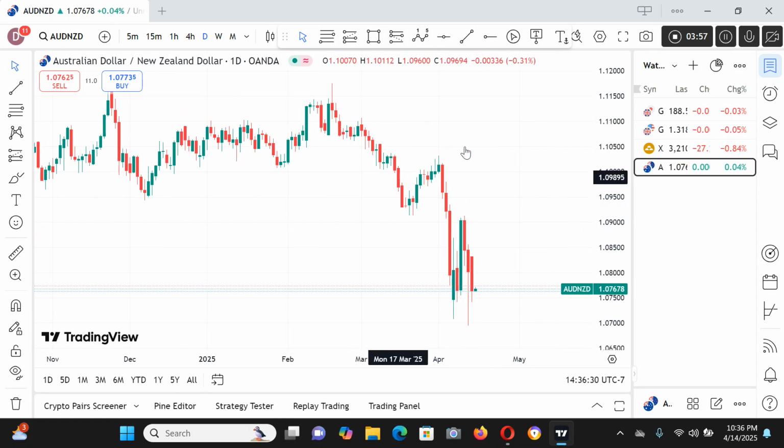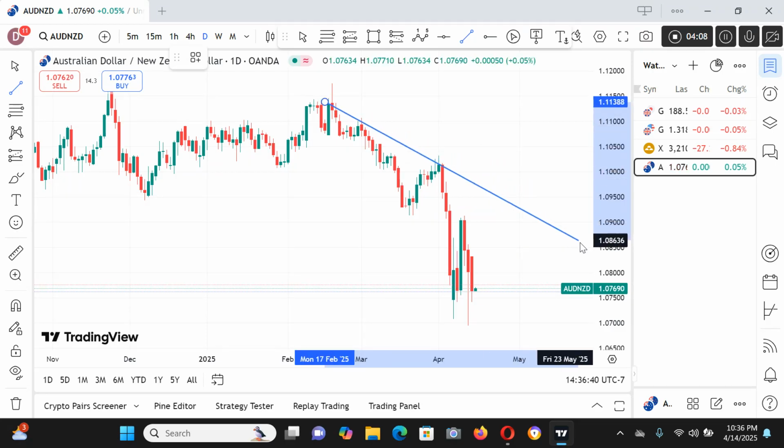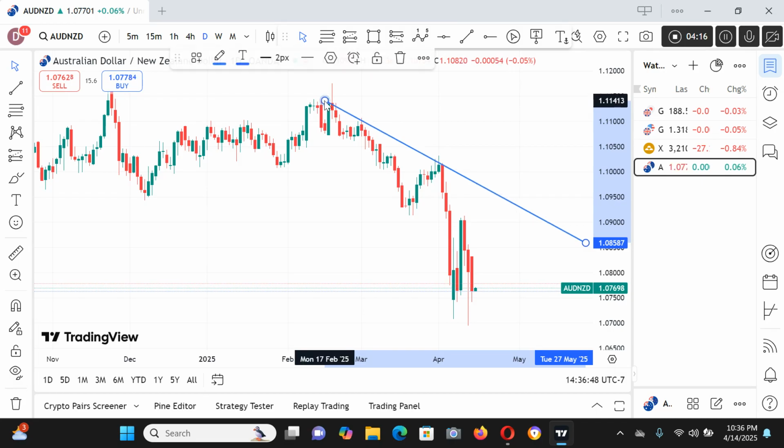So we will draw our trend line from here on the daily time frame. Draw a trend line from here coming down, extend it to the future. This is how to draw a trend line. In order to draw a perfect trend line, if it is a downtrend, you look at the peaks.